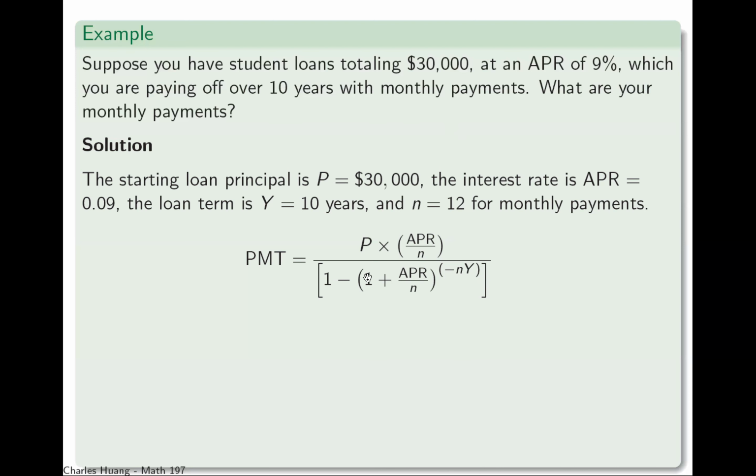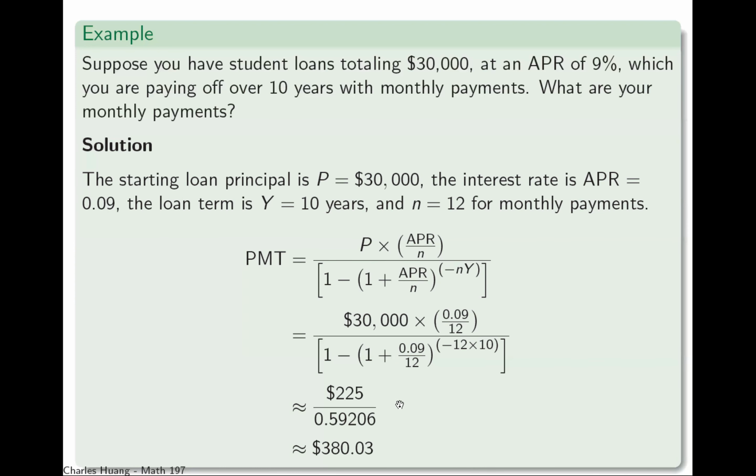It's easiest, for me at least, to do each of the curvy brackets, the braces, first. So after you substitute in the numbers, it's easiest if you do these parts separately first.